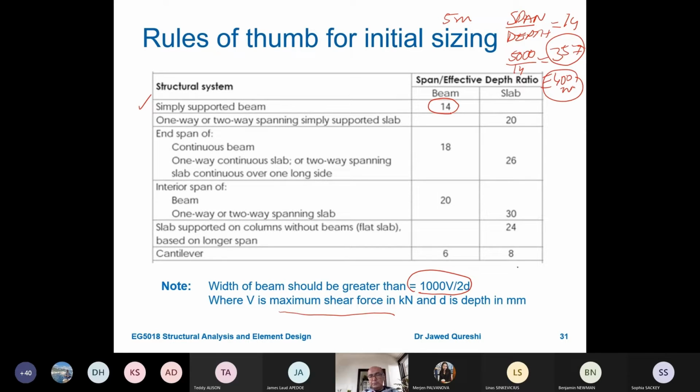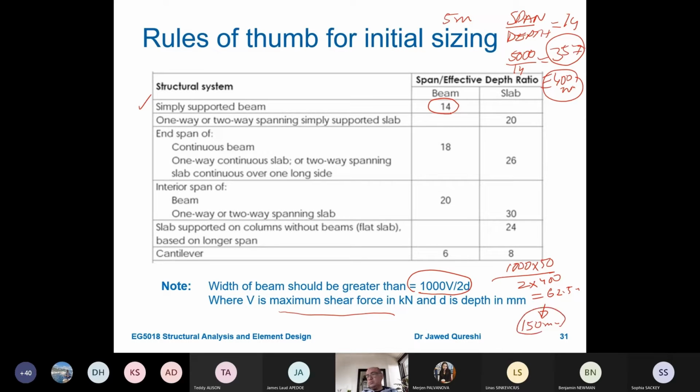For example, if shear force is 50 kilonewton, which will depend on your shear force diagram, and the depth we have taken is 400, this gives 1000 times 50 divided by 800. This gives a very small 62.5 millimeters, so you can assume it to be 100 or 150 millimeters.